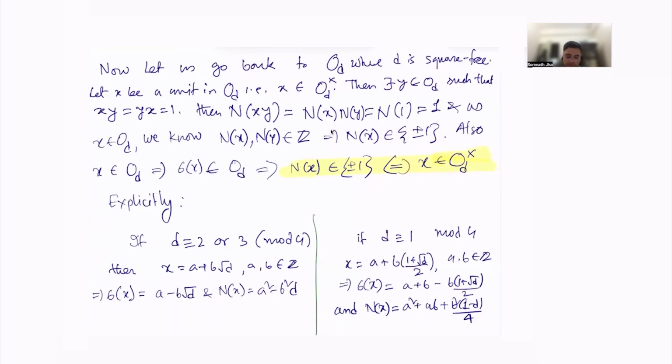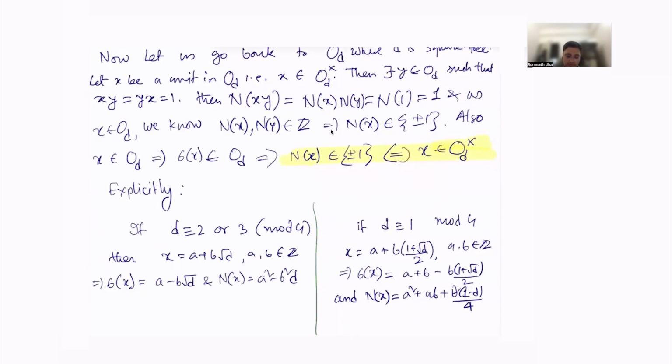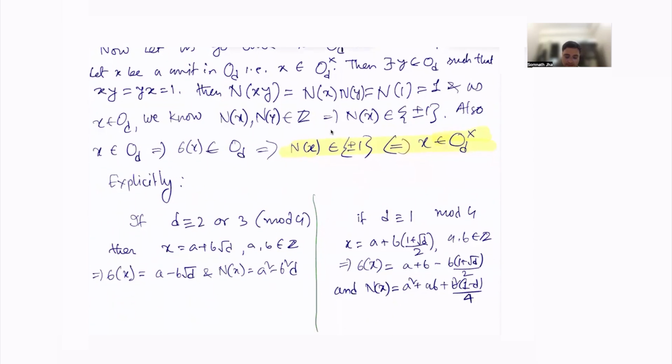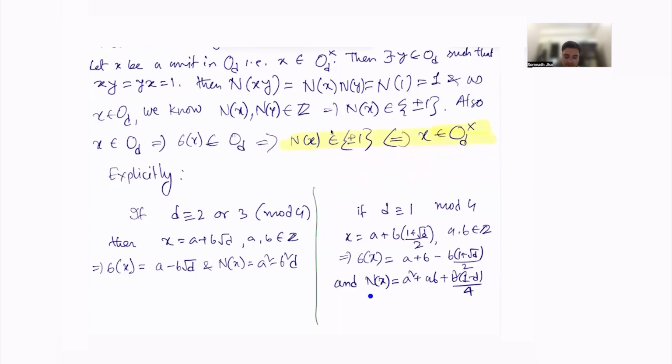Or if d is 1 mod 4, then x is a plus b times (1 plus root d) by 2, and sigma x is a plus b minus b times (1 plus root d) by 2, right? So norm x is nothing but a squared plus ab plus b squared times (1 minus d) by 4. This is a small calculation. You just take the product of these two, then you easily calculate this.